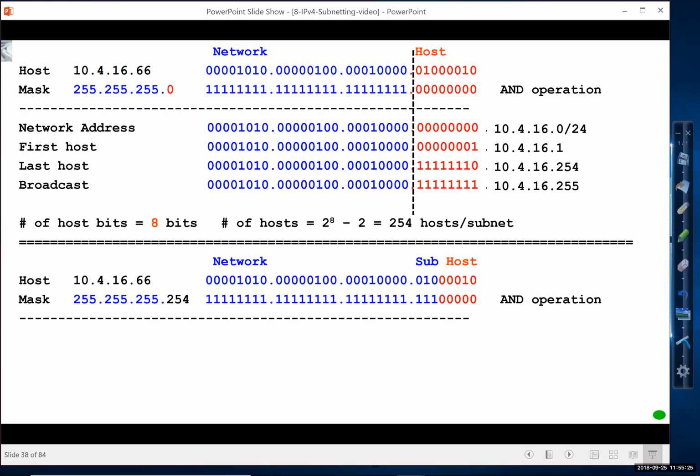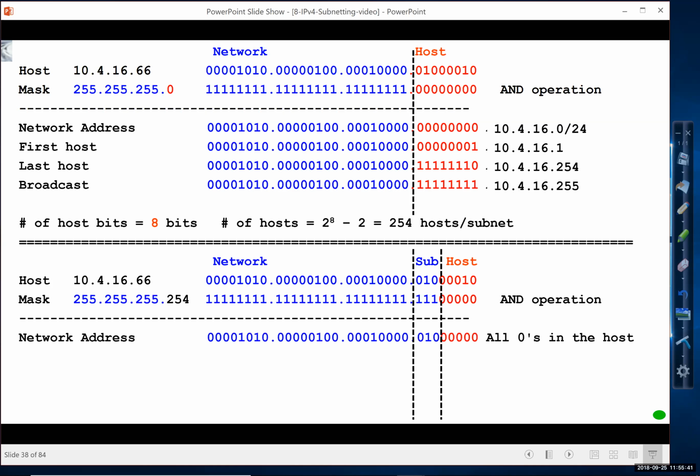So we're going to extend the mask 3 bits to a /27, 255.255.255.224. So our mask moves from a /24 to a /27. We extended it 3 bits. This device will now be a member of this network.